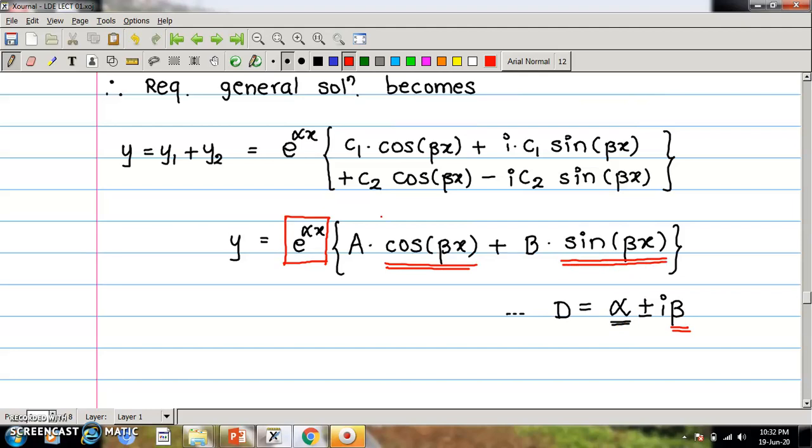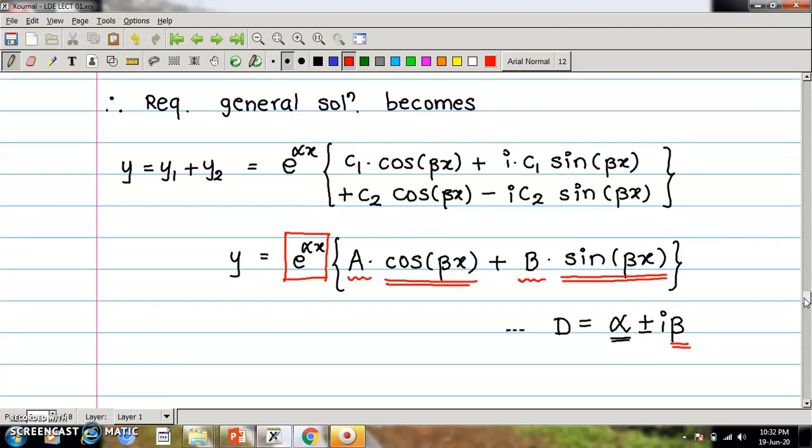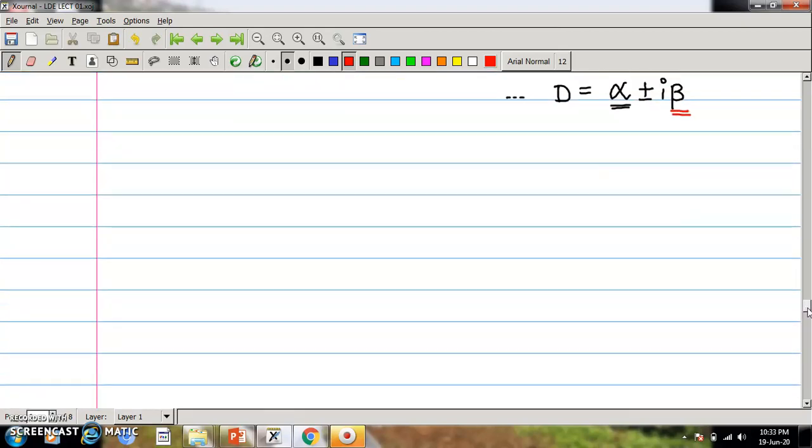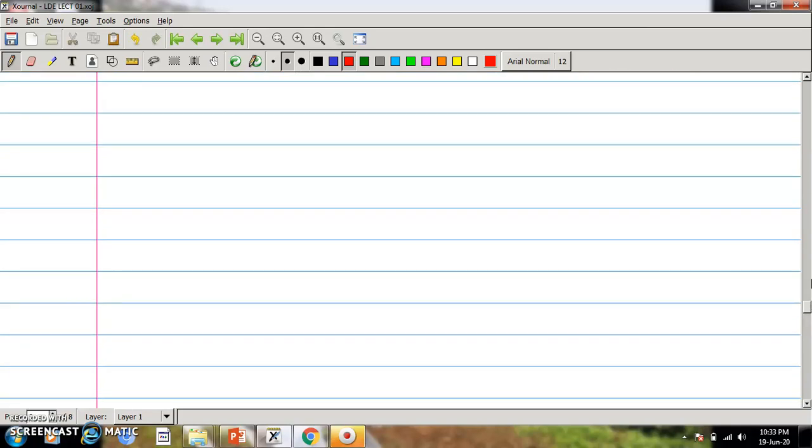Then constant A represents the first root alpha plus i beta, and constant B represents the second root, alpha minus i beta. So from these cases we can generalize a simple formula.